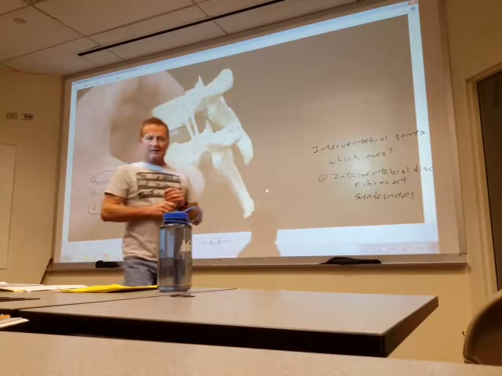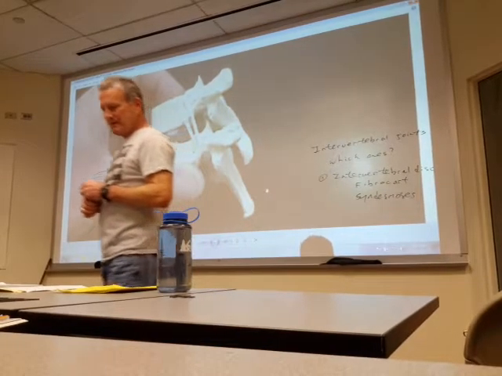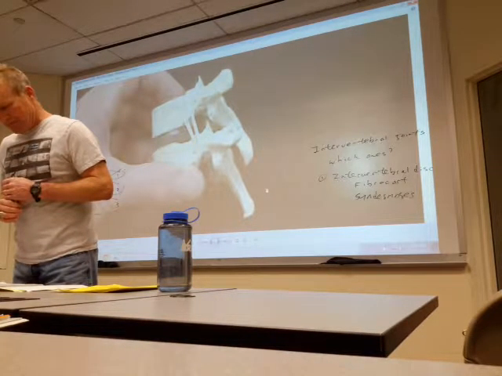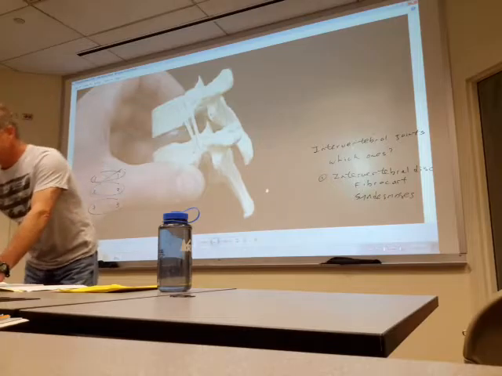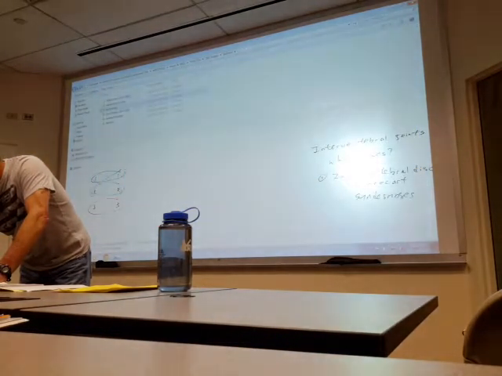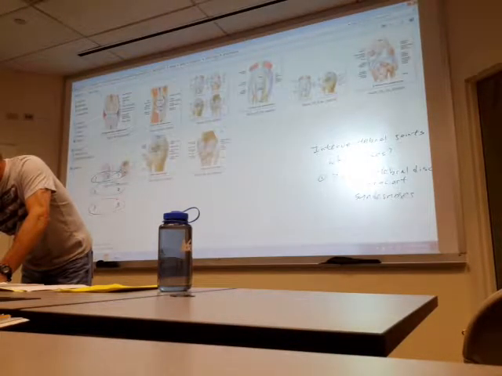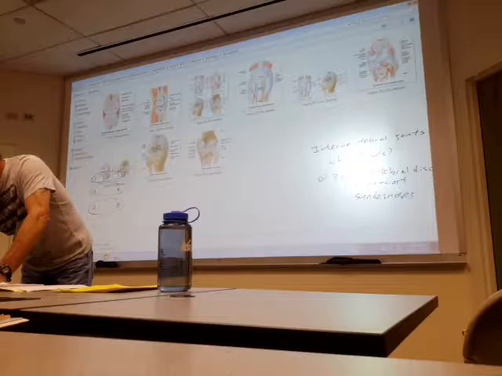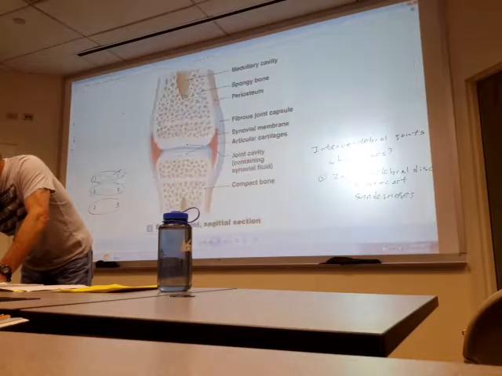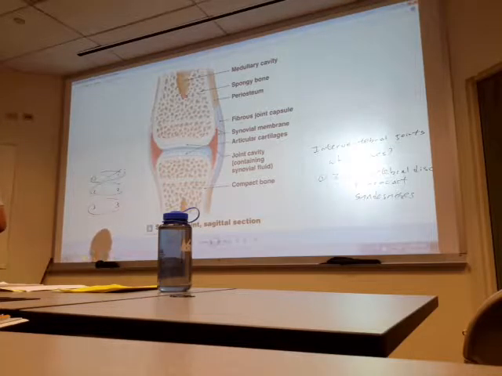So diarthritic means freely movable. Synovial is the structure. So this is Roman numeral 3 on page 26. We're going to take a look at some of the typical structures in a diarthritic joint.